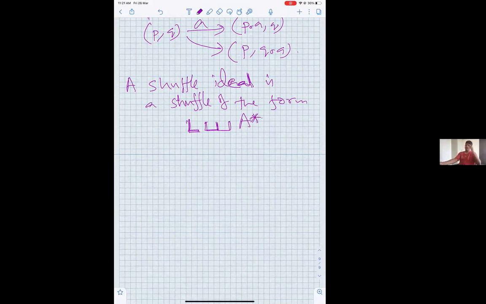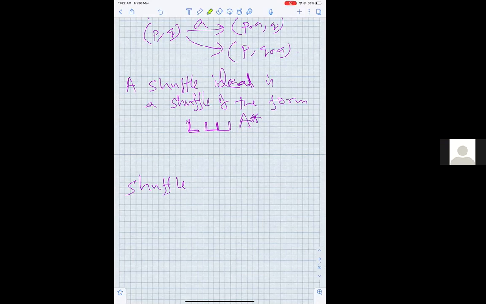Why is it called a shuffle ideal? So what does L shuffle A star mean? It would just be that we take any word in L and insert random letters anywhere in between. Isn't that the same as the upward closure of L? Exactly.